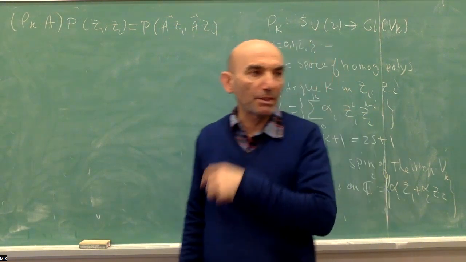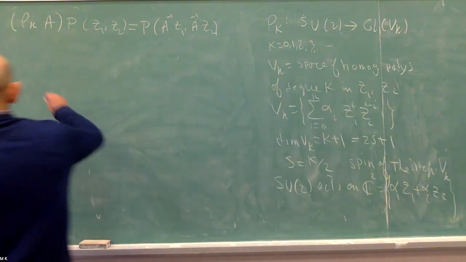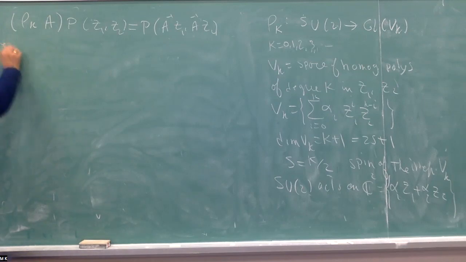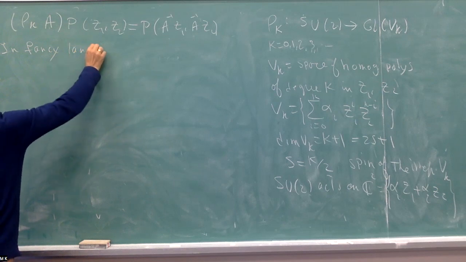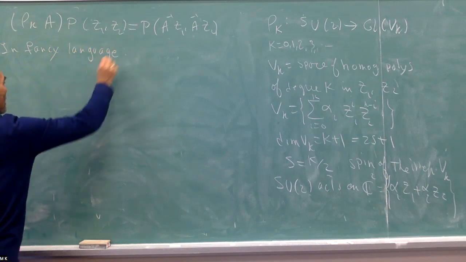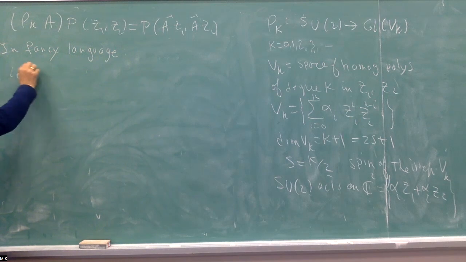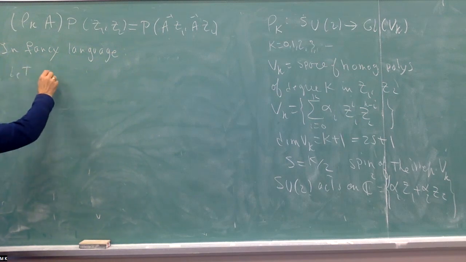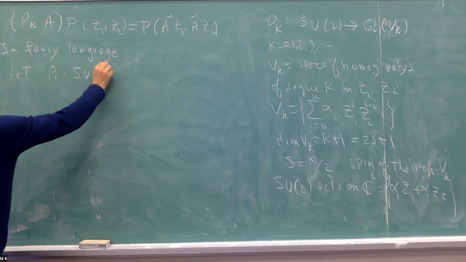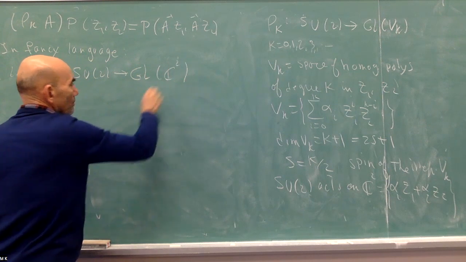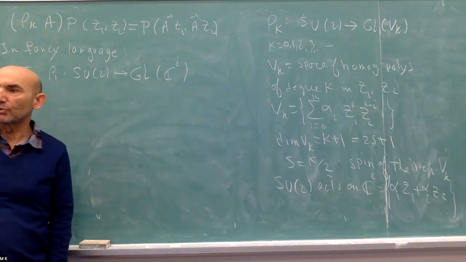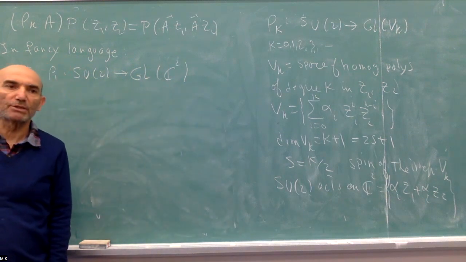So there is actually a fancy way of telling what this representation is. Let me write it in a little more fancy language, not too fancy. Let rho 1 from SU2 to GL(C2) be just the standard representation, because SU2 is 2 by 2 matrices acting on C2.